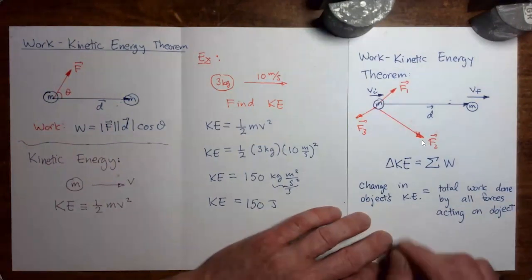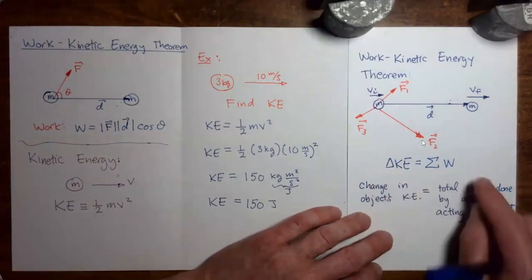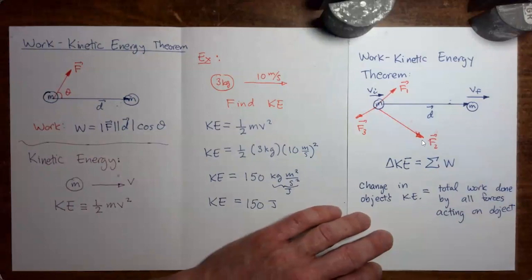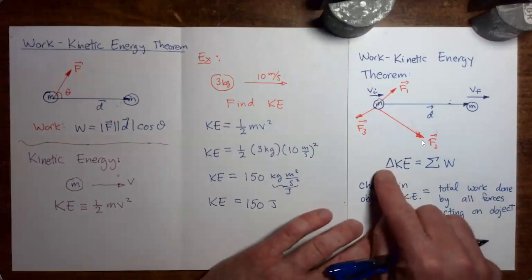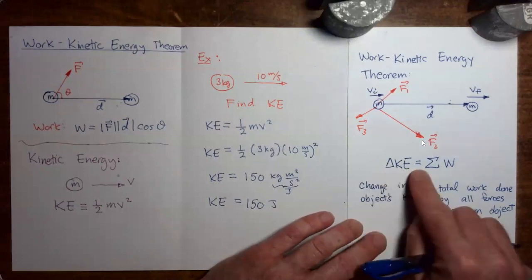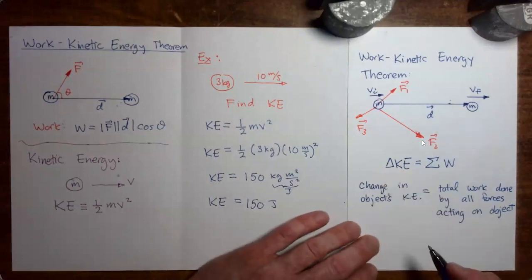There are a variety of different ways we could write out the work-kinetic energy theorem. My favorite, at least my favorite as far as applying it to solving actual problems, is to write out the change in the kinetic energy explicitly. The change in anything is the final value minus the initial value.